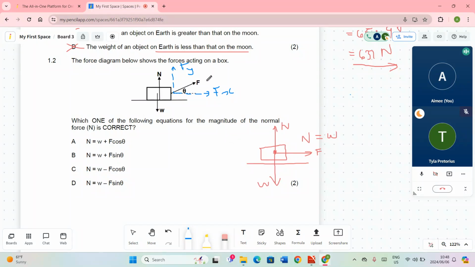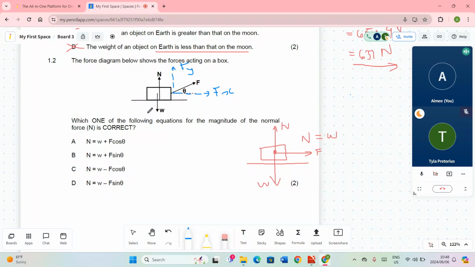And when you've got a force at an angle, the perpendicular force, or the vertical component of your force at an angle, is now going to implicate your normal force. It's going to have some kind of effect. Because why?